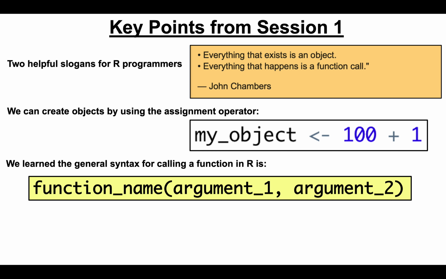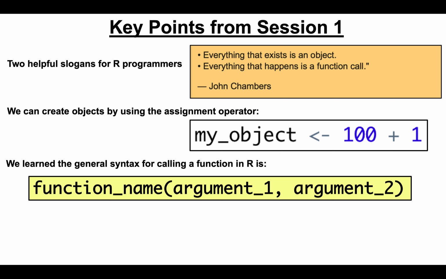And so that's good news because we learned how to create objects in R last time using this assignment operator. So we've got the assignment operator here, which is this hacky arrow. If we put an expression on the right side of this arrow, we can store the results of that expression into a new object that's named virtually anything we want it to be named. And then we can carry that information around in that object for further use.